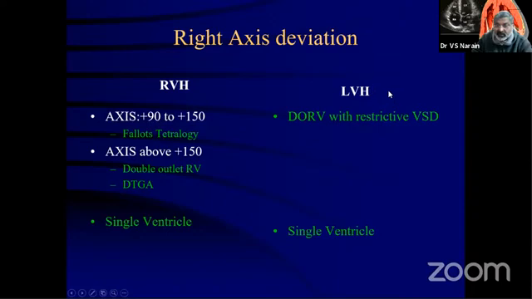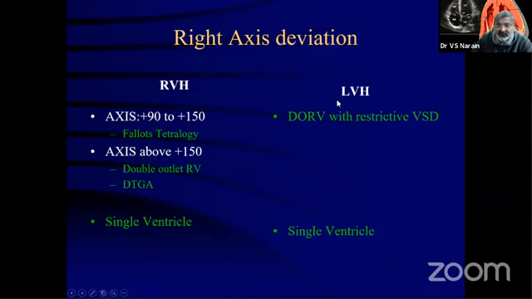If you have a combination of right axis with LVH, then double outlet right ventricle with a restrictive ventricular septal defect is a possibility. Normally, double outlet right ventricle will have a large, non-restrictive ventricular septal defect. But when you have a restrictive VSD, the left ventricle is under pressure load, and therefore you have left ventricular hypertrophy.